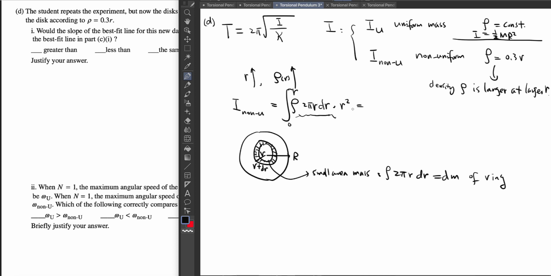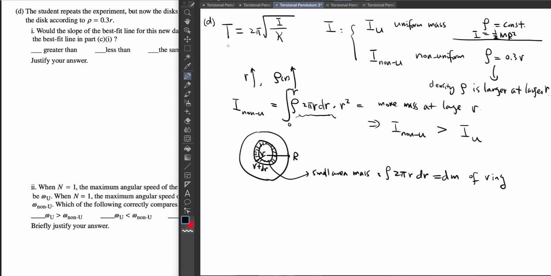Anyway, this is to understand how to calculate the non-uniform moment of inertia. But you can see that as r increases, rho increases, meaning more mass at large r. That will increase the moment of inertia, meaning the non-uniform mass distribution will have a larger moment of inertia than the uniform distribution.